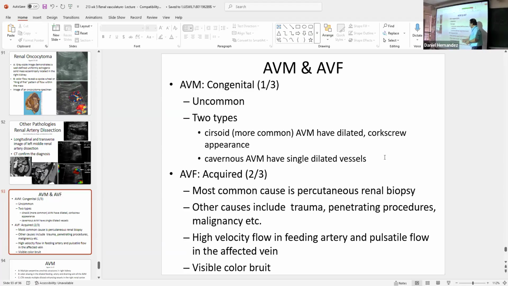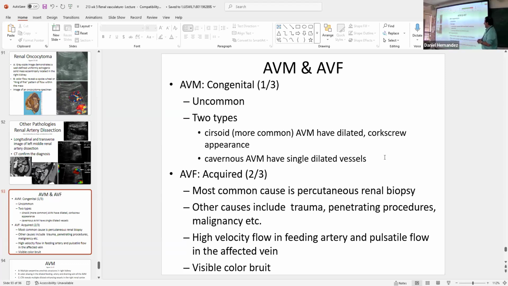The most common cause, again, is going to be a result of that renal biopsy. For kidneys, in order to make that diagnosis of renal failure, they have to biopsy the kidney and assess the kidney cells to determine what stage of renal disease they're in, and to categorize them.